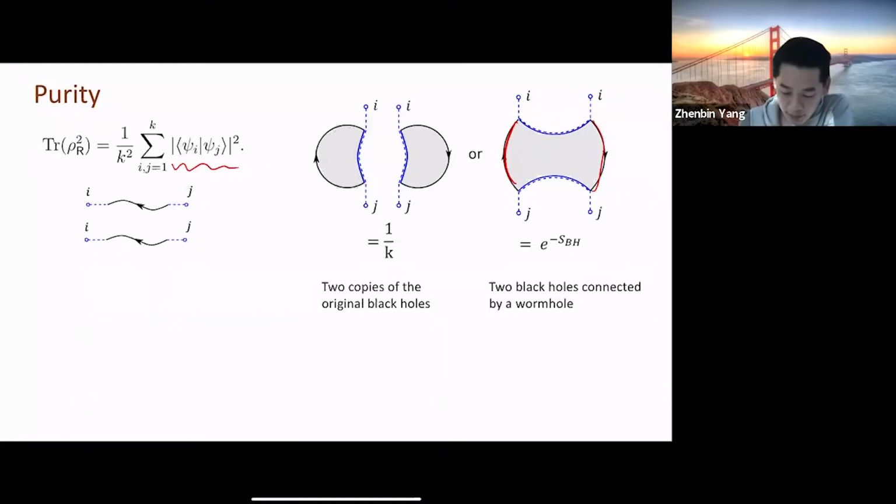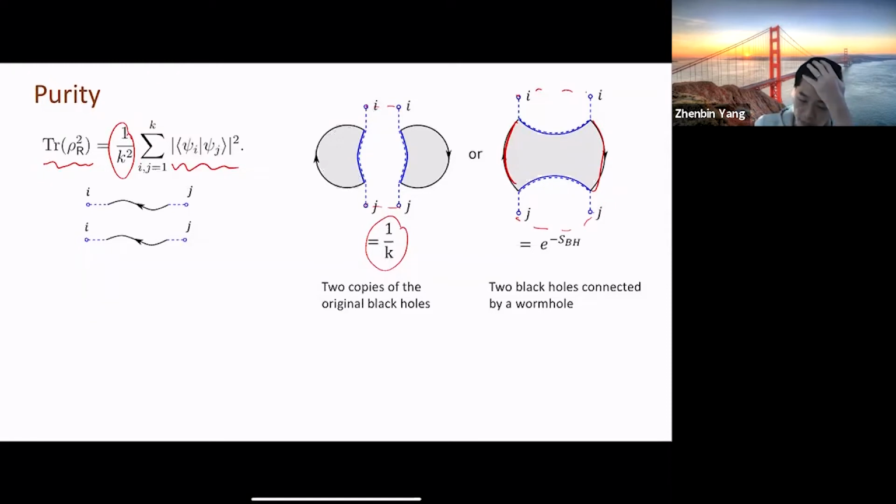Okay, let me go over this calculation. When calculating trace rho squared, we're summing over the indices i and j. The first geometry gives us a single index loop, so after normalization it gives 1 over k. The second geometry gives you two index loops, so the factor of k cancels, and the ratio gives e to the minus S black hole.